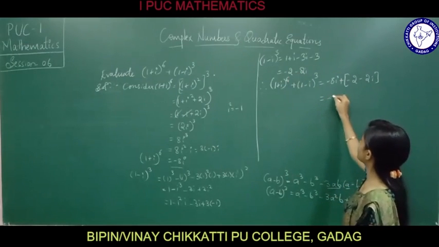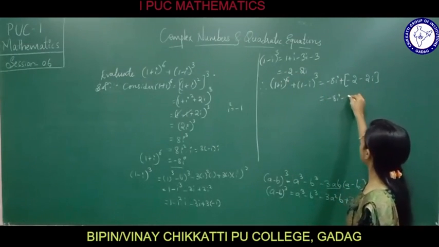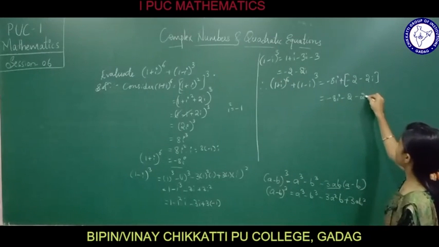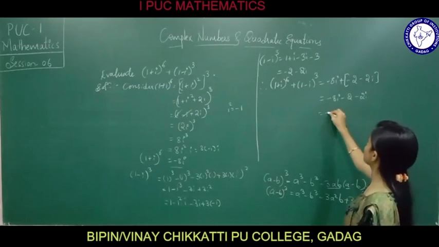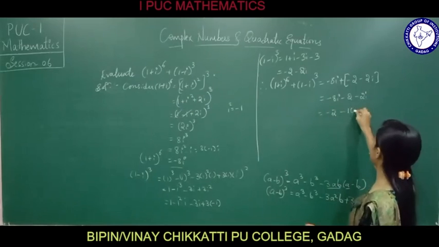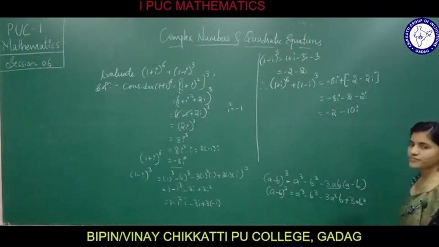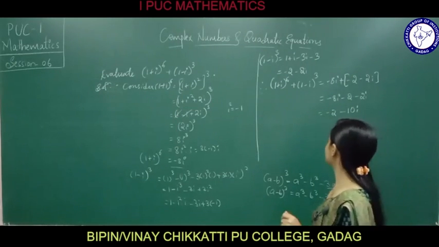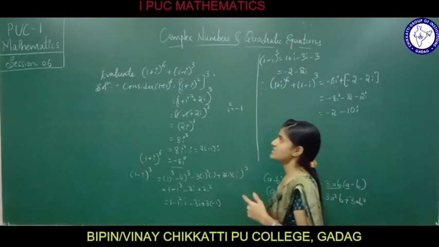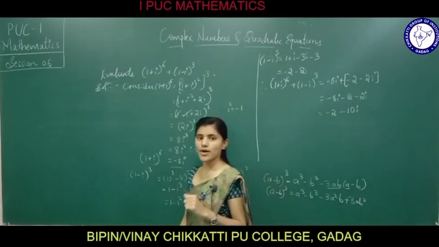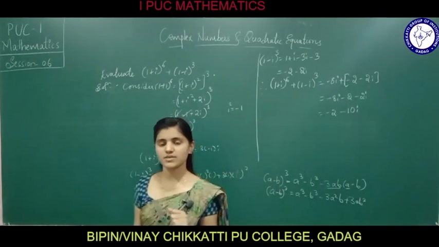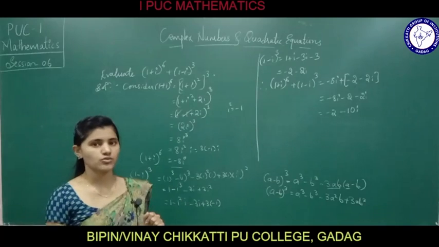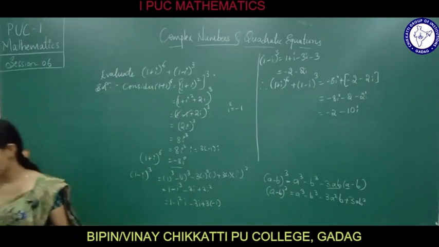This I am going to get as −8i − 2 − 2i, nothing but −2 − 10i. We got it in the form of a + ib, where a is −2 and b is −10. Hence, we have evaluated (1 + i)⁶ + (1 − i)³. I hope you all have followed it.